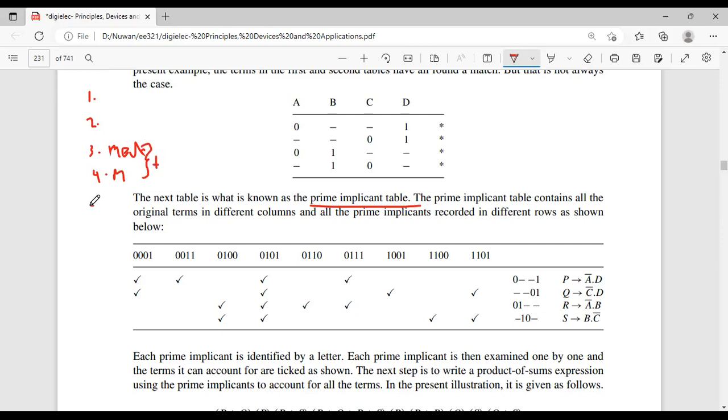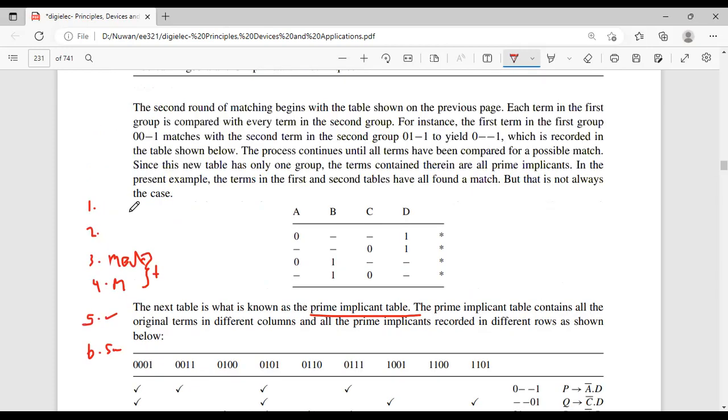And the fifth one, after matching is completed, you have to write this prime implicant table. Then finally simplification. So these 5 or 6 steps are there, and you only have to follow these things.